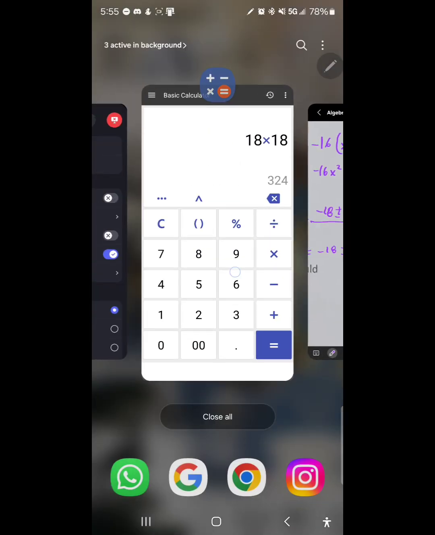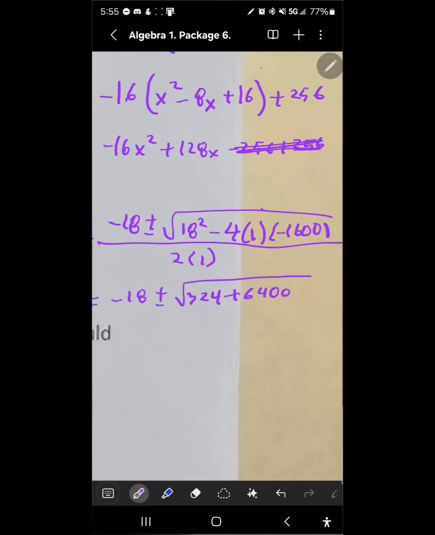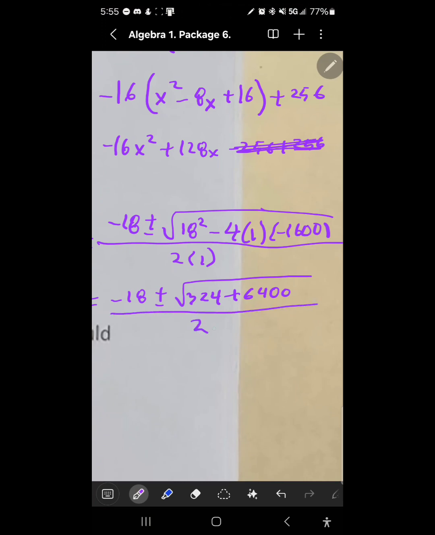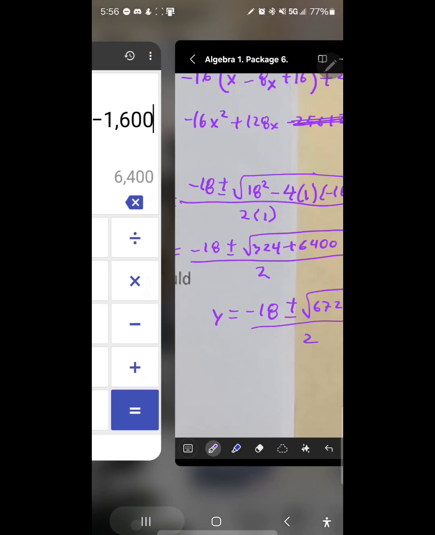If I'm not mistaken, you can always check. Yes. And 2 times 1 is just 2. So y will be equal to negative 18 plus or minus the square root of 6,400 plus 324. That's 6,724, over 2.